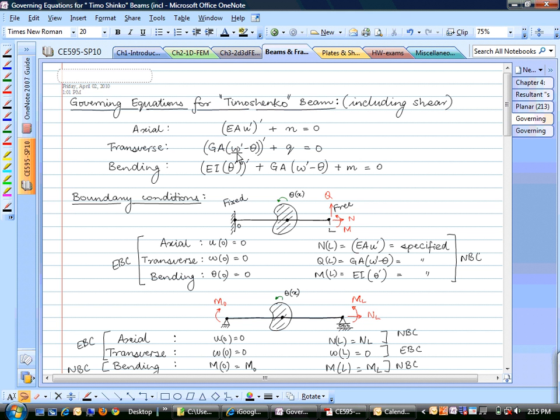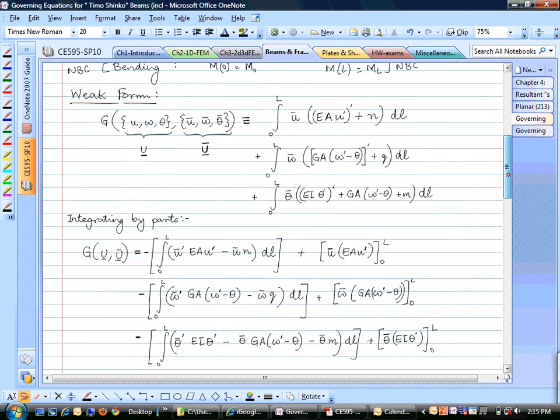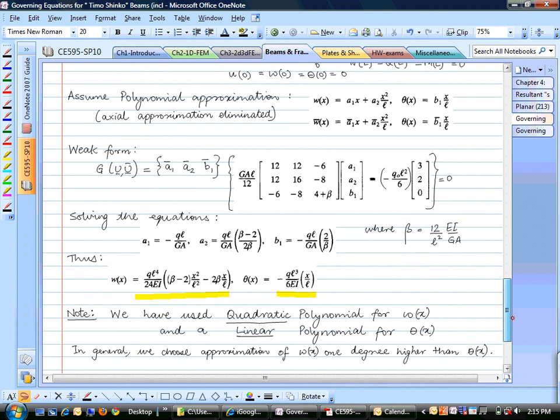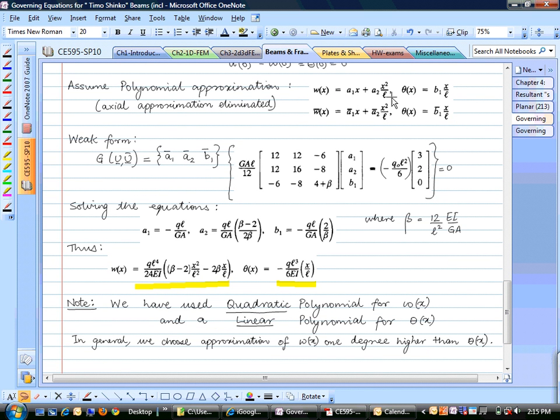If you have different orders of polynomials for those two, the tendency for the method is to conflict with each other, and then it locks up. So in general, to be on the safe side, we choose the degree of polynomial for w to be 1 degree higher than theta. And then if we take the derivative, w prime will be of the same order as theta. So that smooths things out.